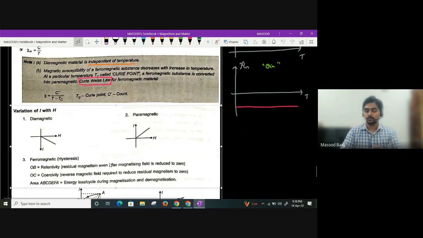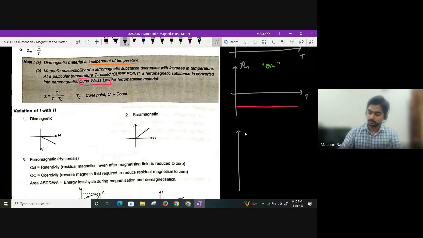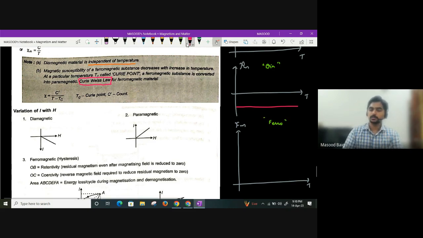Clear all of you? So if I plot, very important case again, the variation of susceptibility versus temperature for ferro. What is it stating? It decreases with increase in temperature. It will follow some graph in this manner.